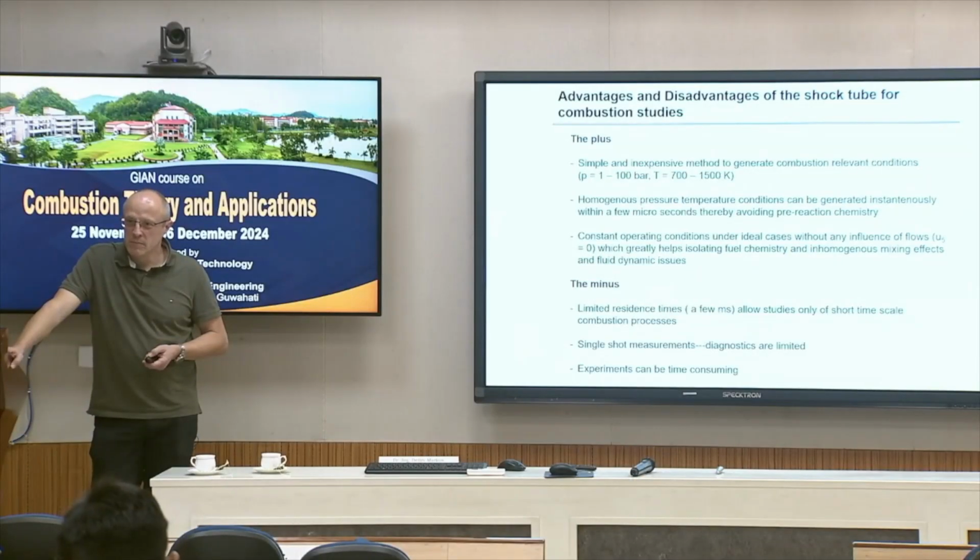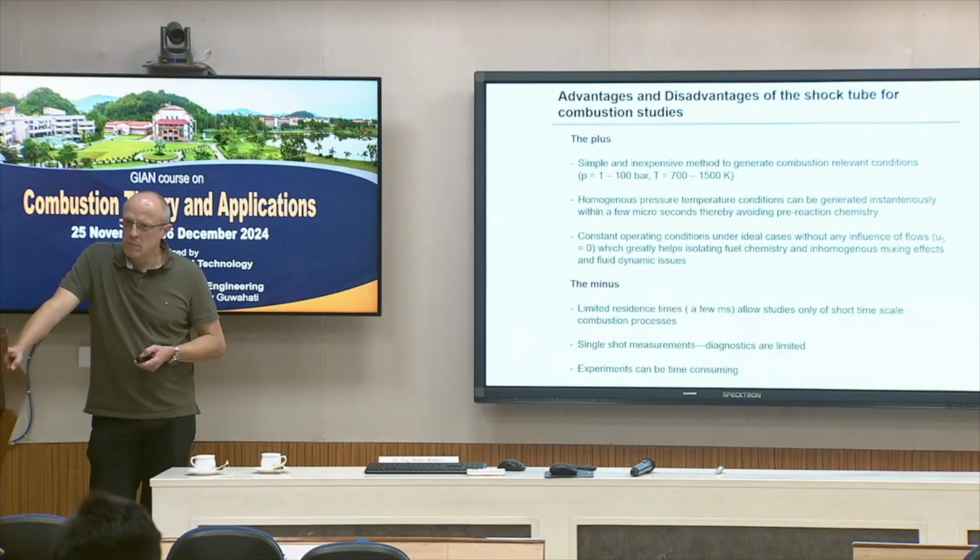And with this driver pressure, we go for a maximum of 25 bar. With that, we can achieve a shock strength of around Mach 2.5 to 3. From this x-t plot, we calculate the timing is around 1.2 milliseconds.